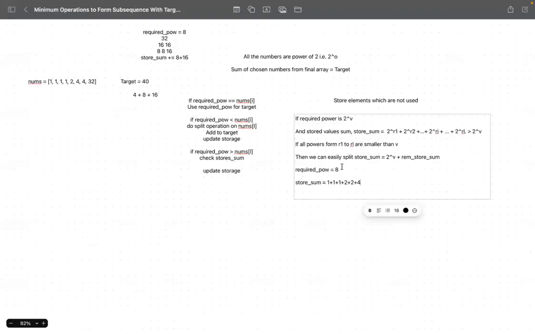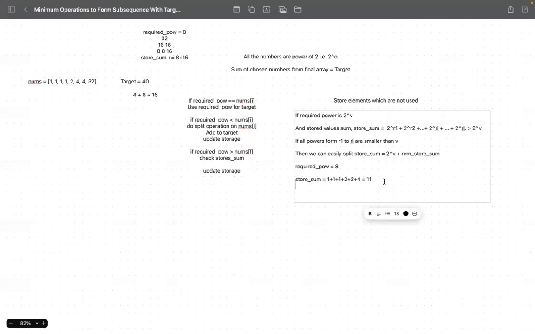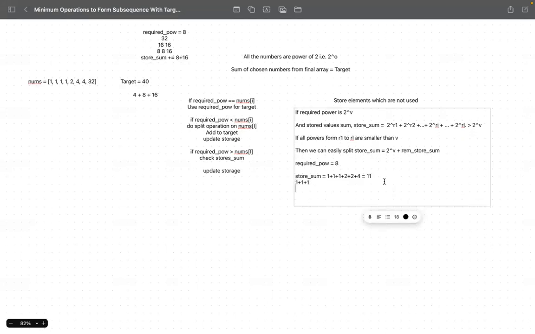For example, if you have required sum as 8 and your store sum is 11, if you remove 8 from this 11, then you will always get 3, and 3 means 1 plus 1 plus 1 or 2 plus 1. So if you remove lesser values from 11, and that lesser value will always be a power of 2, in that case you will get the remaining element somewhere in this store sum, right?